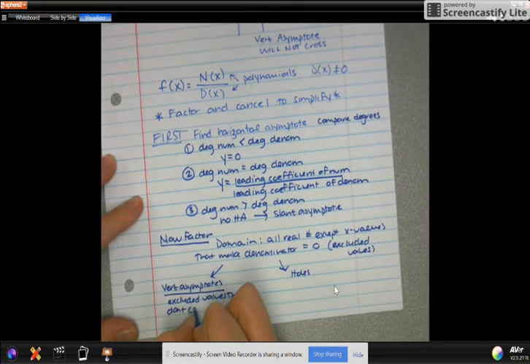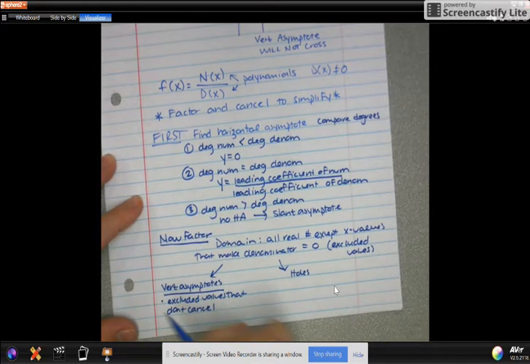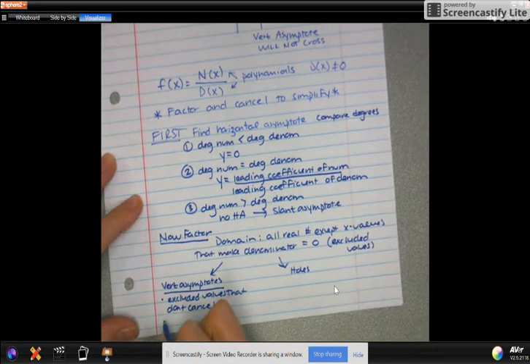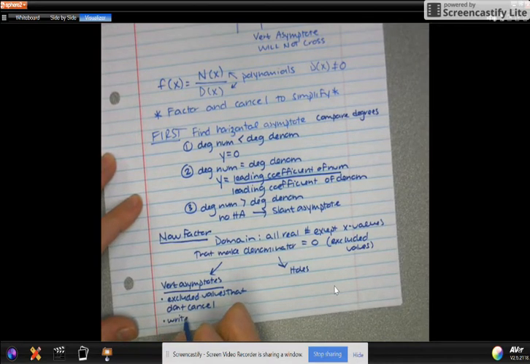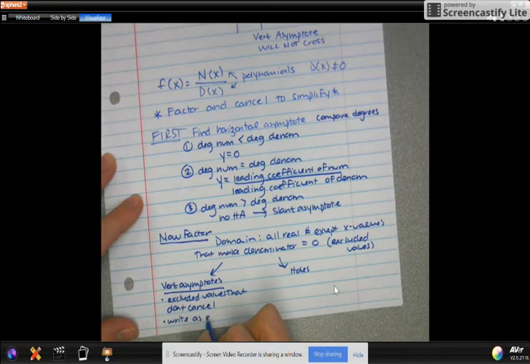When I say don't cancel, that means when you're simplifying, if there's nothing on the top and the bottom to cancel out, those are the excluded values that don't cancel. And what we do is write an equation of a line, a vertical line.